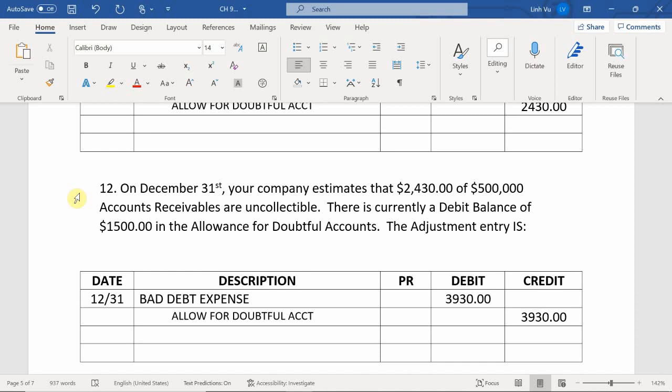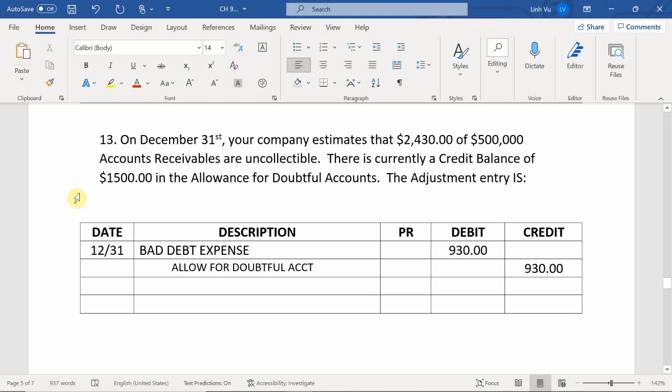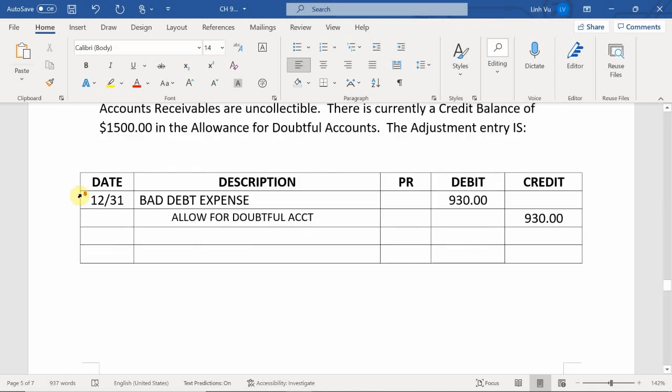This is we add the estimate plus the debit balance. And on 13 we make a difference. Because you already have a current credit balance. How much more do you need to get to 2,430? Thank you very much.